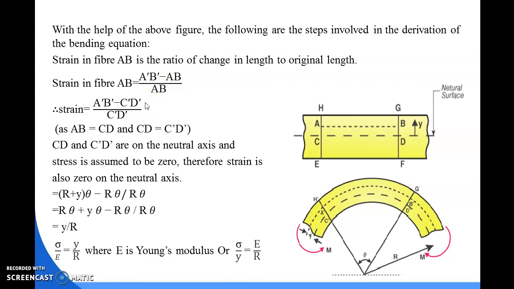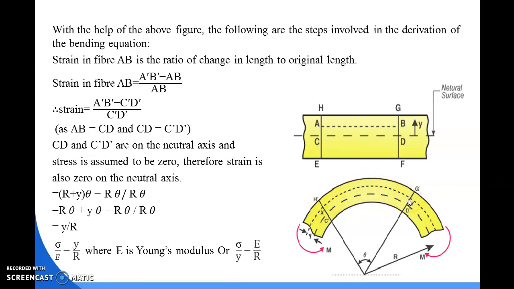Now, we have to find out the value of A dash B dash and C dash D dash. The A dash B dash is from this point to this point, so it looks like an arc section.